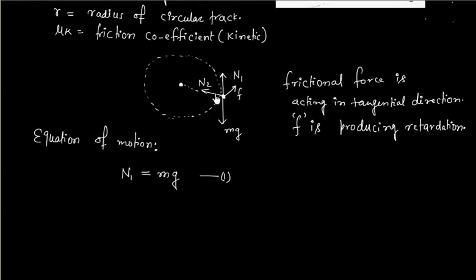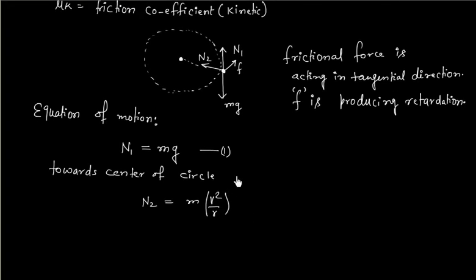Now in the direction towards the center of the circle, total force N2 is equal to mass into acceleration. Towards the center of the circle, acceleration is v square by r. So if anything is moving in a circular path, acceleration is v square by r.